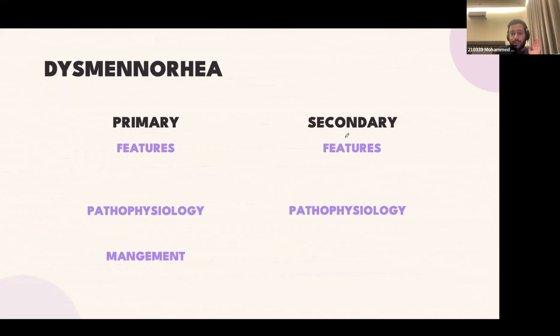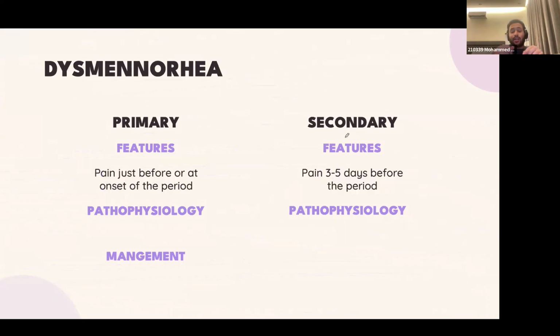Okay. So these are the terms. Now, what is the main pathophysiology of primary dysmenorrhea? One word, prostaglandin. Excellent. That's all you need to remember.